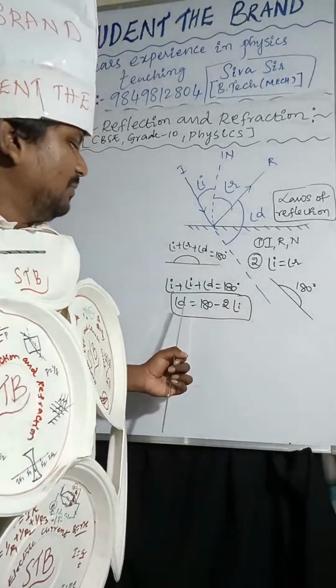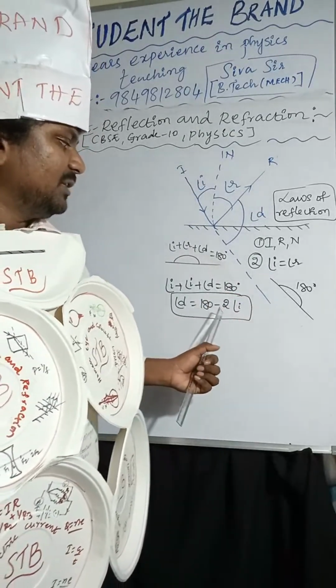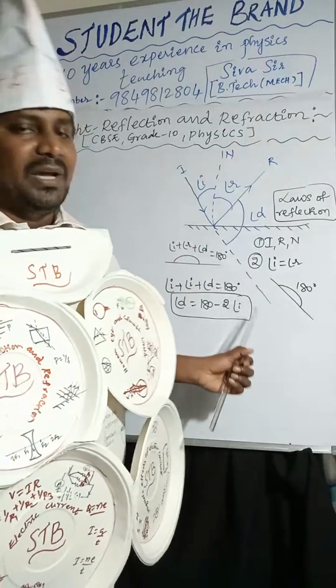That's why the formula is angle of deviation equals 180 minus 2 angle of incidence.